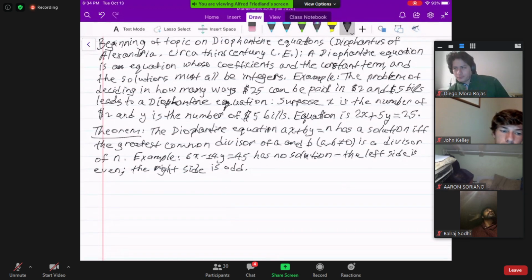Let's prove this because it's an important step towards the general procedure for solving a Diophantine equation like that.